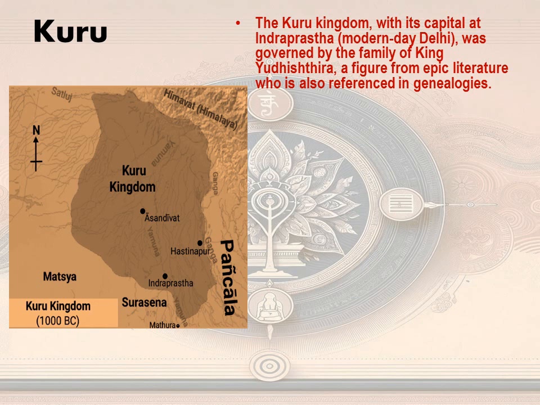was governed by the family of King Yudhishthir, a figure from epic literature who is also referenced in genealogies. So this Yudhishthir is the king from Kuru Vansh, which is mentioned significantly in Mahabharata, and he was the one who won the war of Kurukshetra and gained control over the whole of Indian subcontinent.